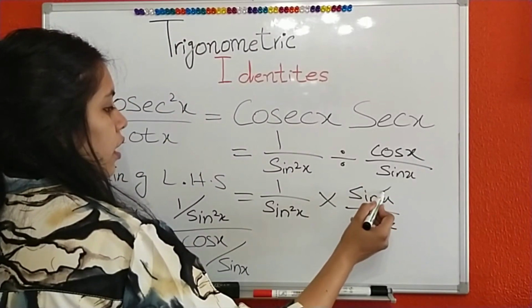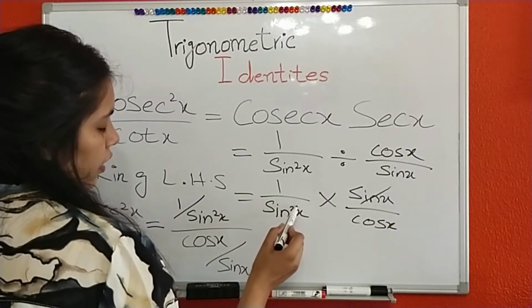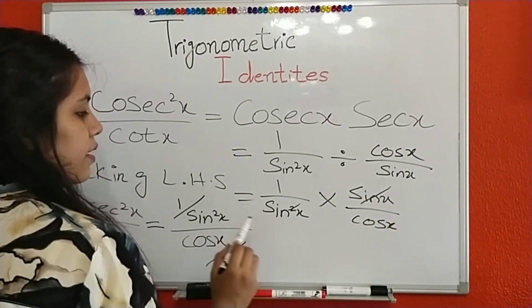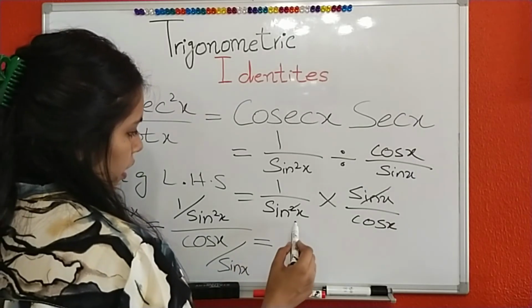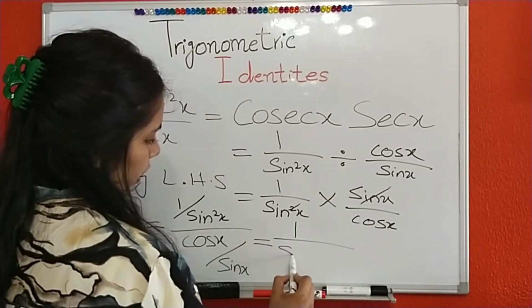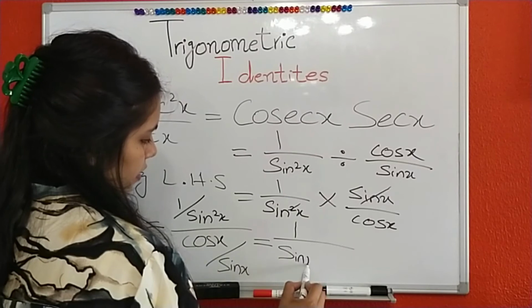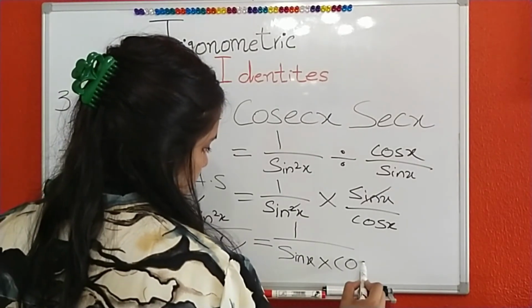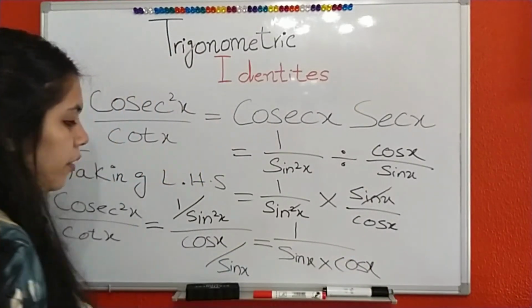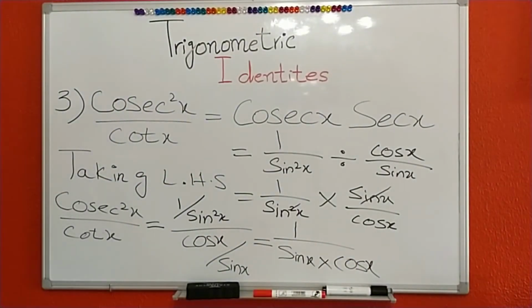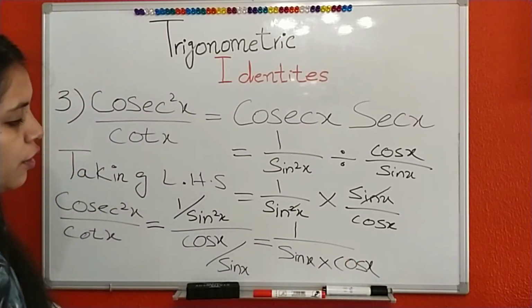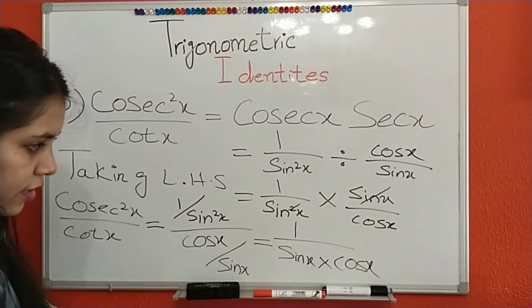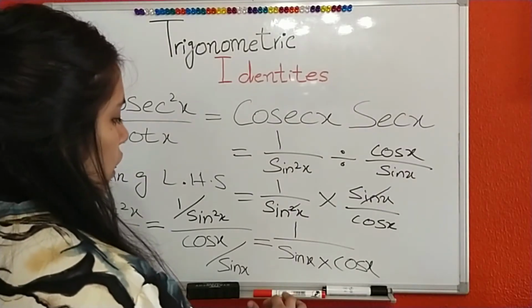Okay, this sign can cancel one sin x from here. So I have here the value of 1 over sin x multiplied by cos x.